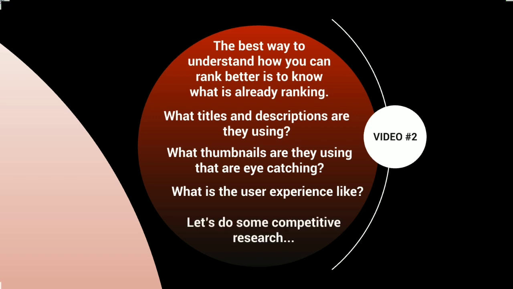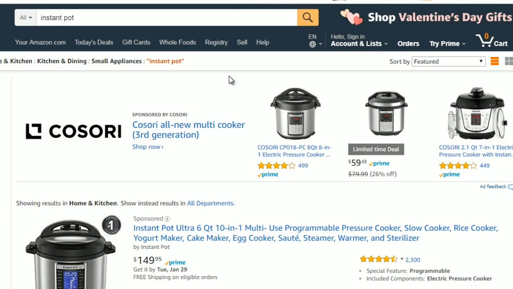So let's go ahead and do some competitive research. For the sake of making sure that we find YouTube videos that actually relate to promoting a product, I'm just going to pick a product out of the blue and take a look at YouTube.